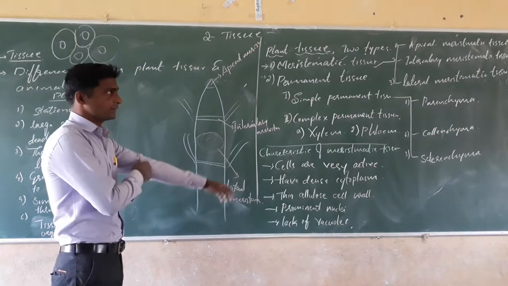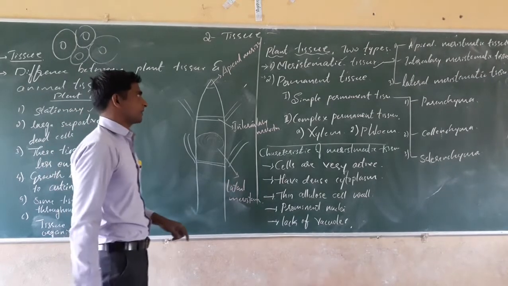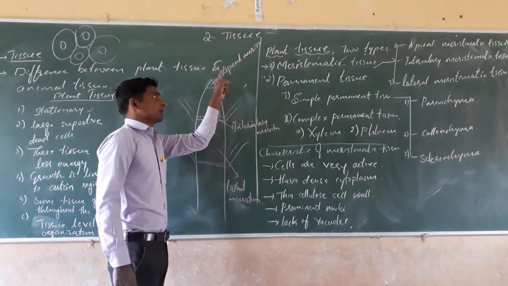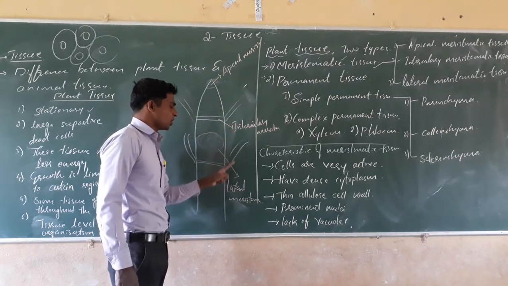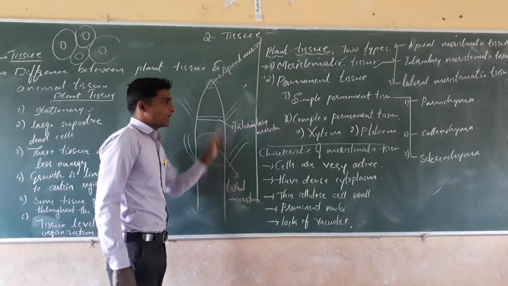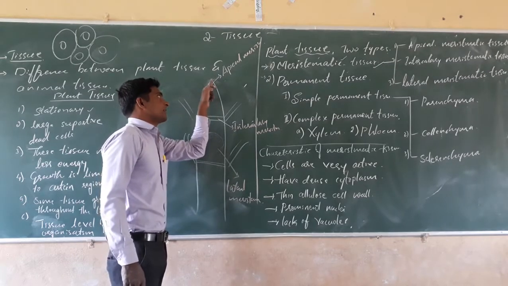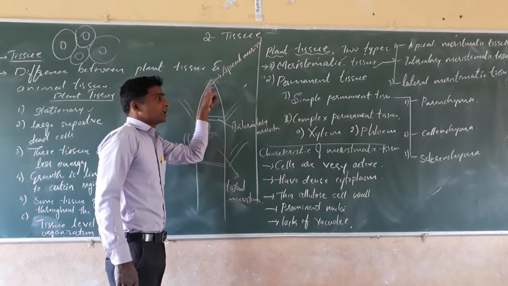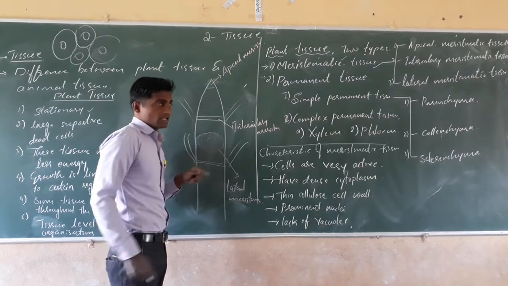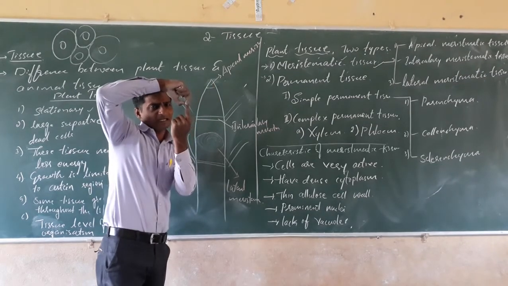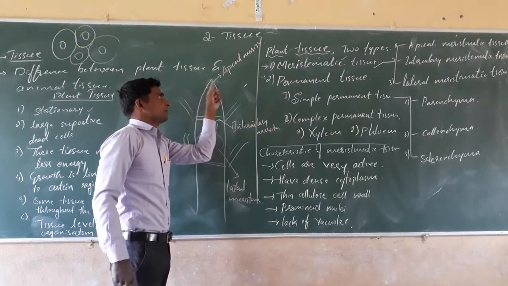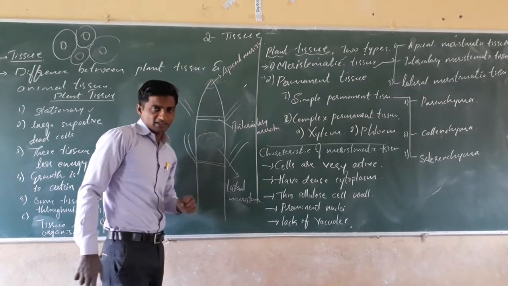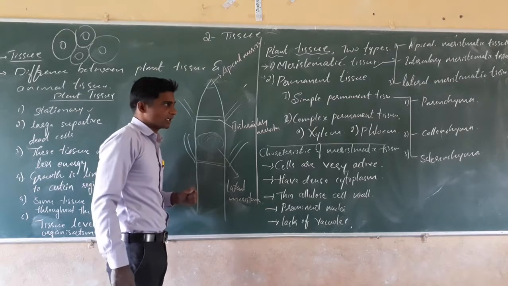Listen here, dear students. There are three types of meristematic tissue: apical meristematic tissue, intercalary meristematic tissue, and lateral meristematic tissue. Apical meristematic tissue means they are present at the apex of the root, shoot and stem. At the tip region, whatever meristematic tissue is present, that tip part is called the apical meristem or apical meristematic tissue.